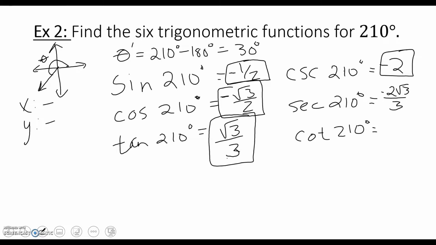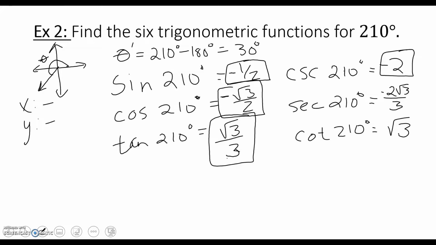And then the reciprocal of tangent ends up being the square root of 3. So the cotangent of 30 degrees is the square root of 3. So if you remember that, you can say that the cotangent of 210 is also the same as the cotangent of 30 degrees.